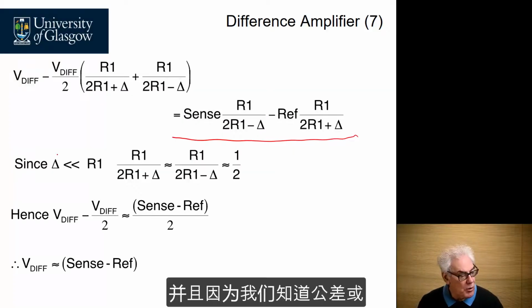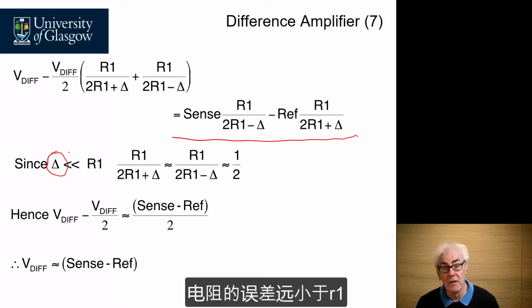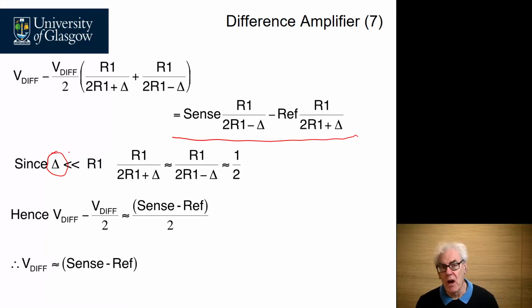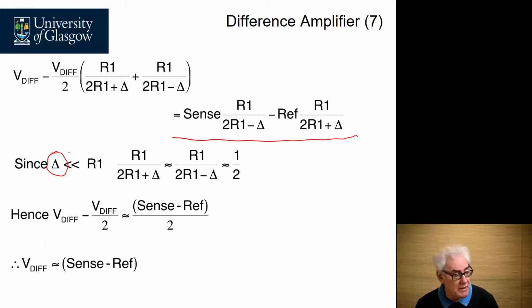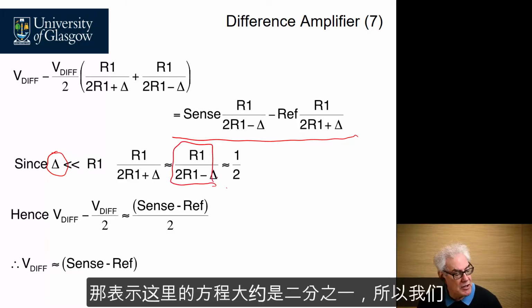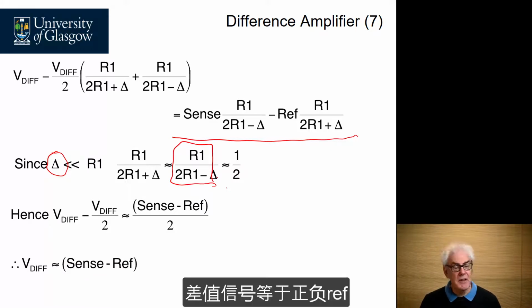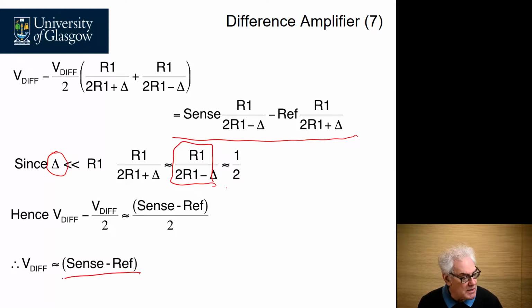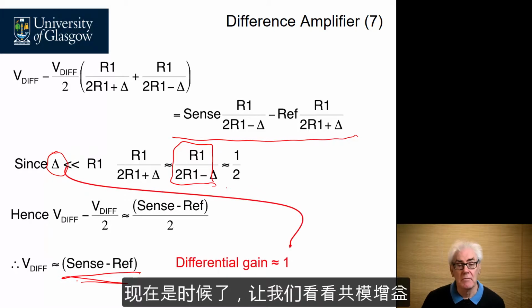Because we know that delta, which is the tolerance or error in the resistors, is much, much smaller than R1, and for 1% resistors delta would be approximately 2%, we can make an approximation that this expression is approximately 1 over 2. So our difference signal is equal to sense minus ref. In other words, the differential gain is times 1.